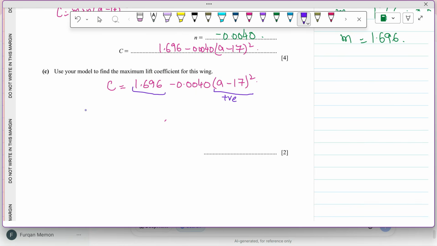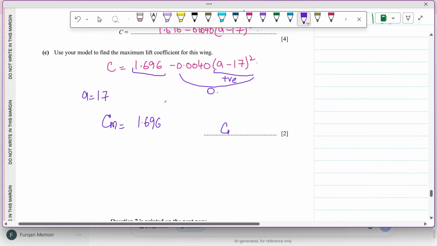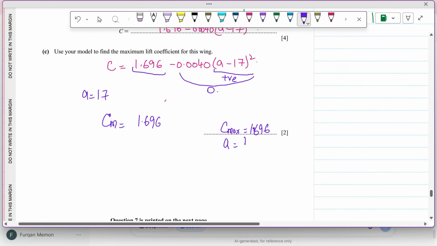If we consider a equals 17, this whole factor will be equal to 0. So we get the maximum lift coefficient, which is 1.696, possible when a equals 17.